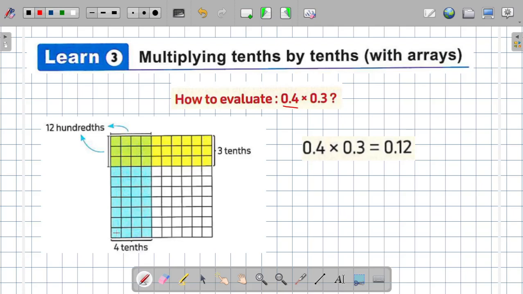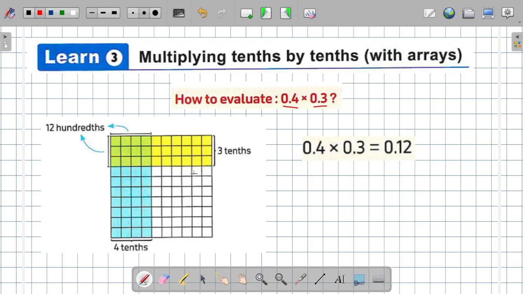So I have 4 blue columns here. And the second number, 0.3, I will represent it by 3 rows: 1, 2, 3 rows here. So the first number is 4 tenths, represented by 4 columns, and the second number is 3 tenths, represented by 3 rows.